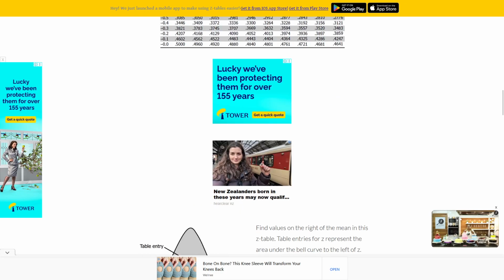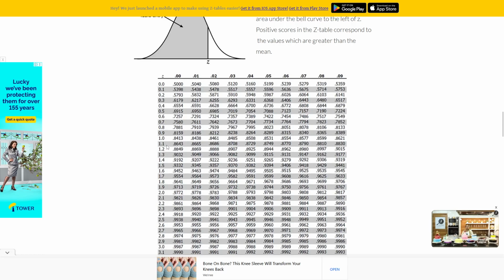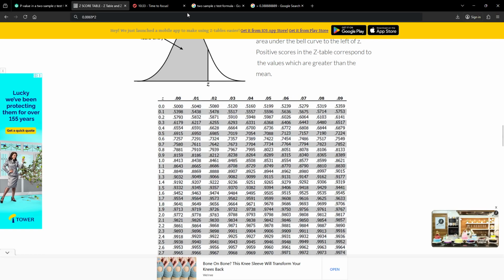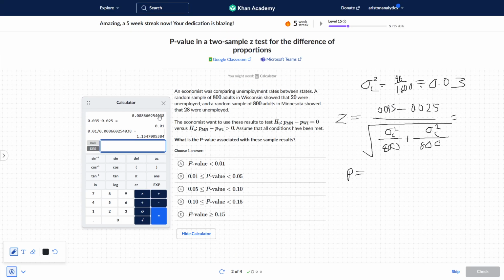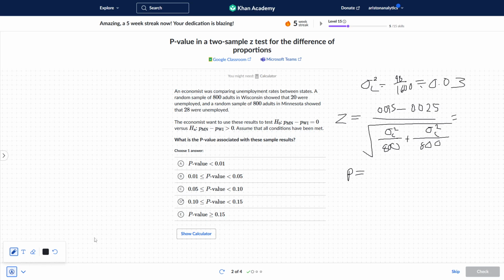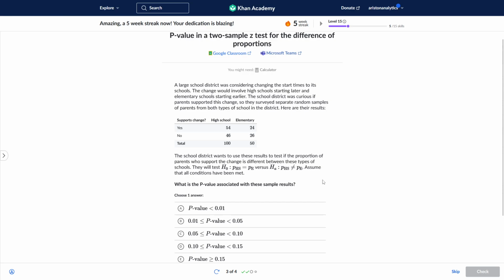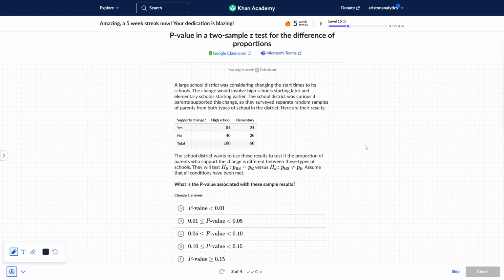Okay. 0.8749. 0.1251. I keep doing this with the formula just so I can really nail it into my head.